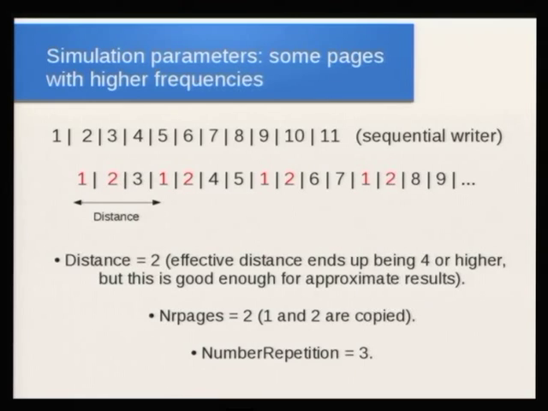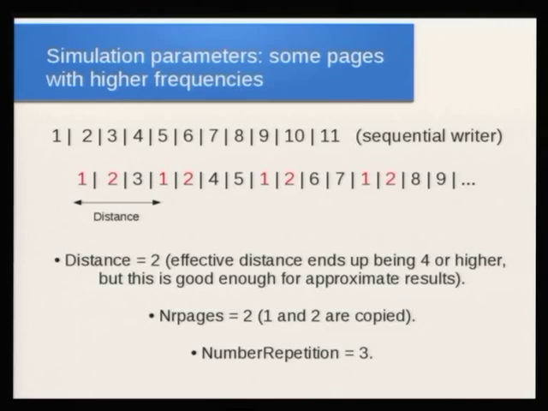This is another example where I chose to copy 2 pages, and the effective distance ends up not being 2 as I specified, but 4, because you have to count the distance of the one that is also being copied, but it doesn't really matter because approximately is fine for testing.